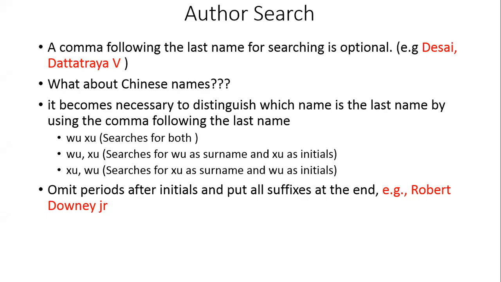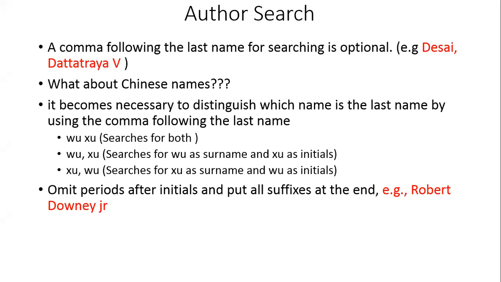The next thing that you should know is that there is no need to put periods after the initials, or you can say there is no need to put a period or full stop after the suffixes at the end that are usually provided.